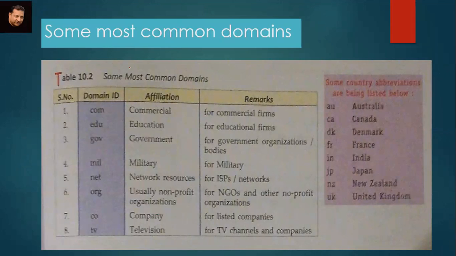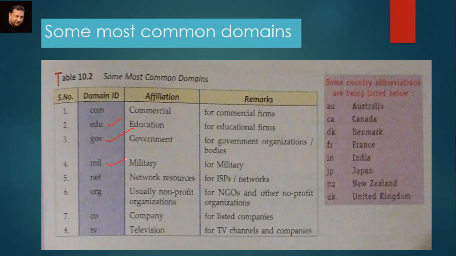Okay, let us see some common domains. First is COM. If your domain ID is COM, like flipkart.com, it means it is a commercial website and it is used for commercial firms only. If it is EDU, it stands for education. If it is GOV, it stands for government website.